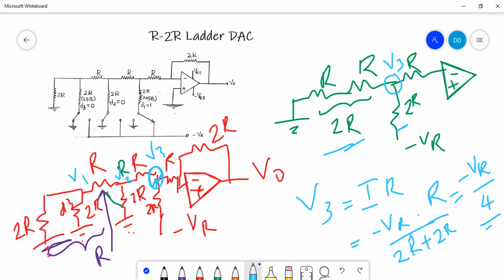So our voltage at node V3 is minus VR by 4. Now this minus VR by 4 is input to our op-amp.